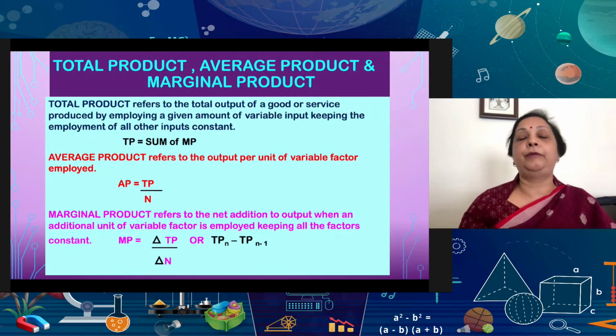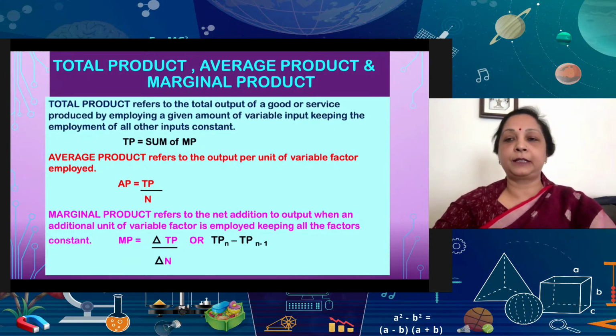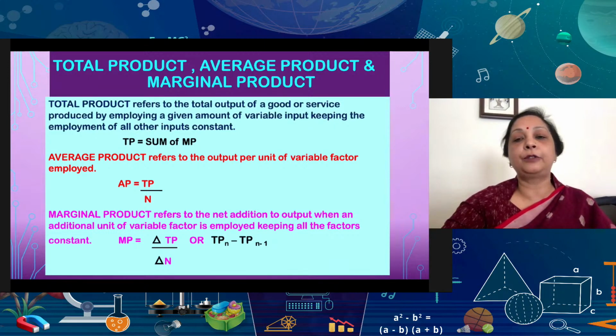Now, before we go back to the previous slide, see what these total product, marginal product, and average product mean. Total product refers to the total output of good or service produced by employing a given amount of variable input, keeping employment of all other inputs constant.